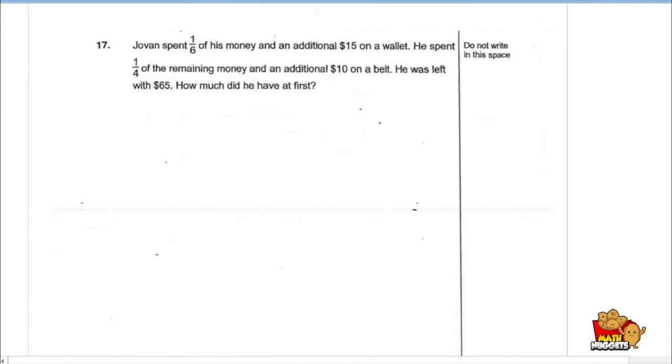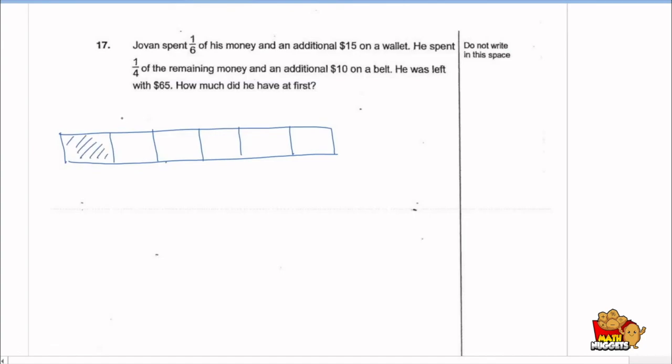Question 17, I would draw a model. So this is Jovan's money. 1/6, I'll cut it into 6 portions. He spent 1/6, and not just 1/6, and also an additional $15 on a wallet. Now the remaining, they want the remaining now to be 4, but the remainder is not 4.